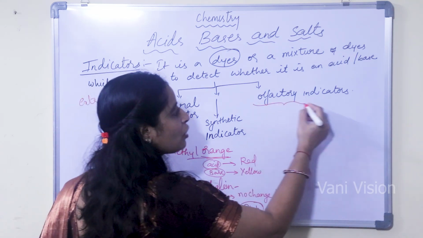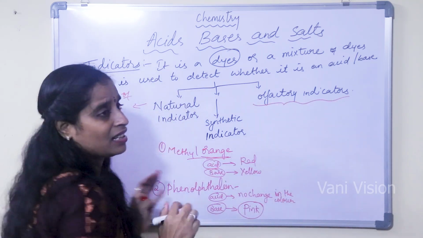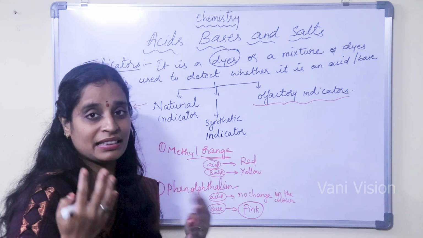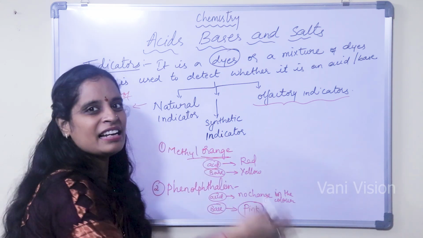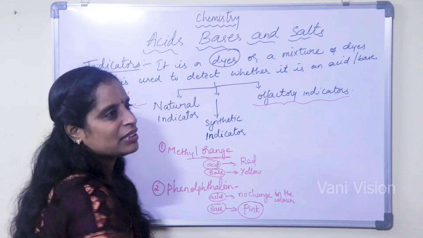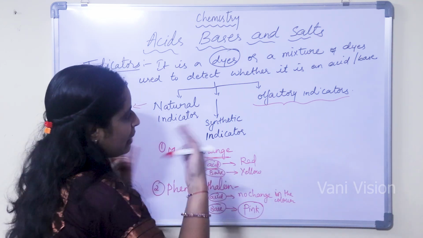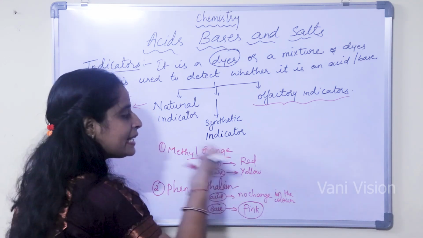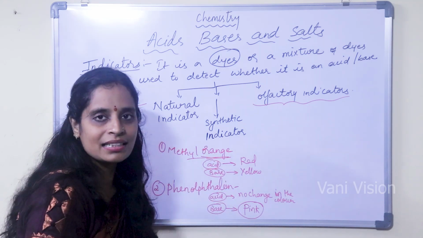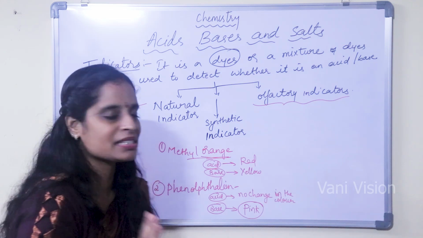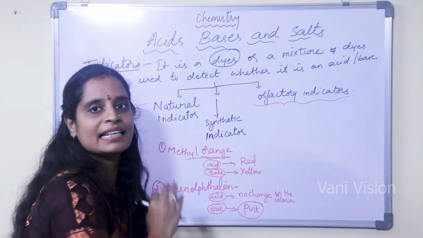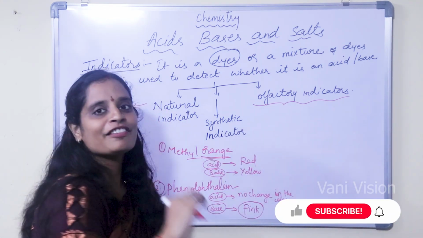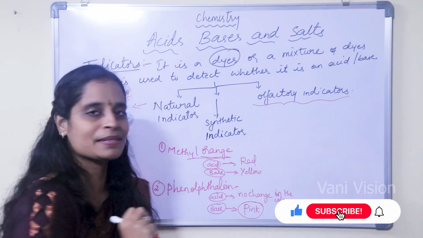Now we'll see olfactory indicators. You may be confused: natural is done, synthetic, which is man-made, is also done, so what is this again? By seeing the color of a substance, we were using those indicators. Here, we'll check the smell of the substance.